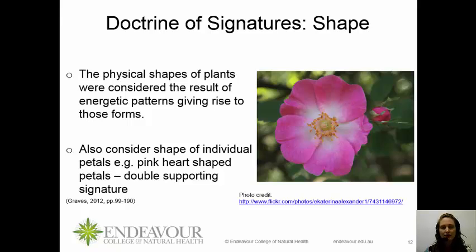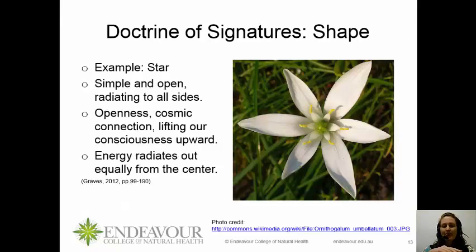In shape, you're really looking at how is this flower kind of growing? Is it expanding or is it contracting? Is it ascending or is it descending? Here's an example of actually a Bach flower remedy, or Bach, however you want to say his name.